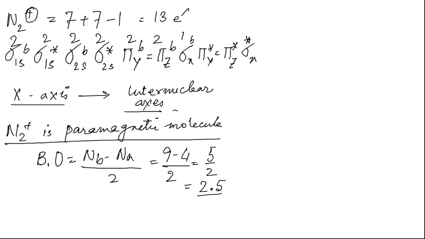Now kindly remember one thing, that the filling of these electrons in the molecular orbitals takes place according to the Aufbau principle, Hund's rule for maximum multiplicity, and also with the help of Pauli's exclusion principle. And in this filling we are considering the x-axis to be the internuclear axis.